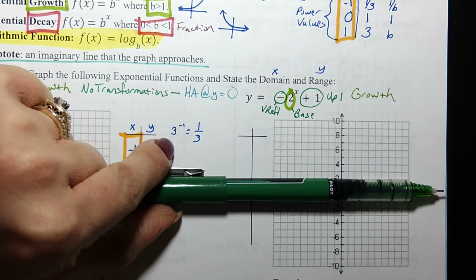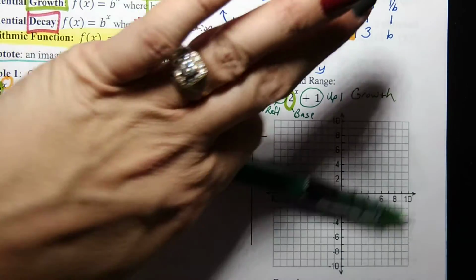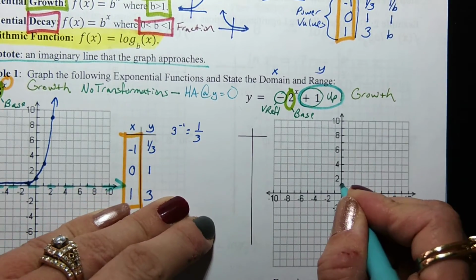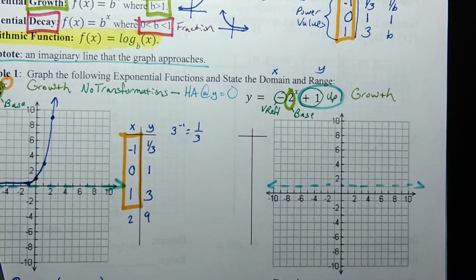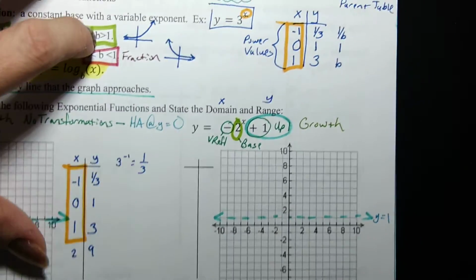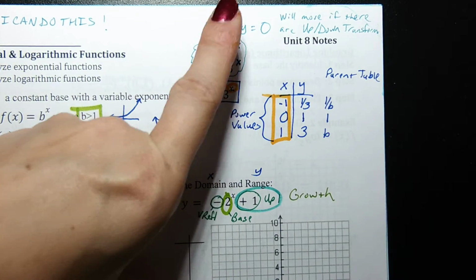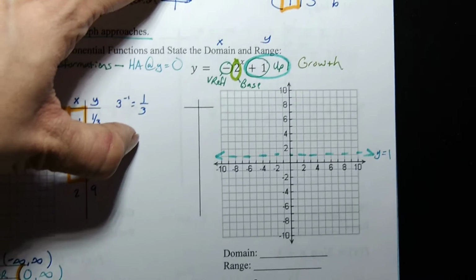But if I slide it up 1, are we in a new location? Yes, the up 1 is going to move our asymptote up 1 unit to be at y equals 1. So this is what I meant by the up-down transformations will move that horizontal asymptote that starts at y equals 0.